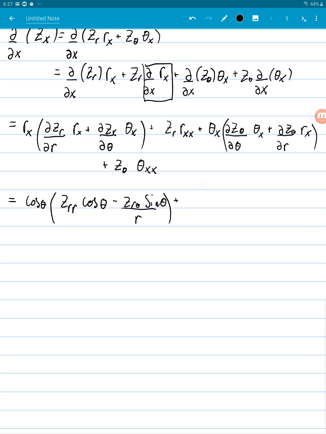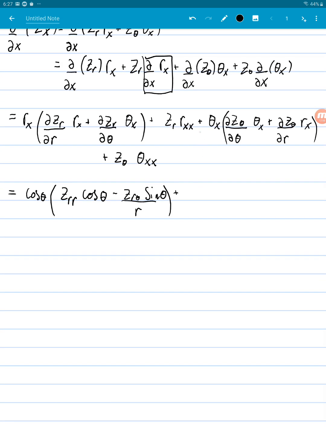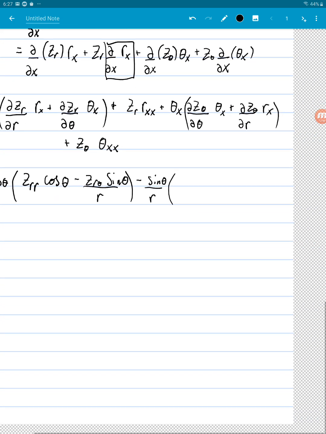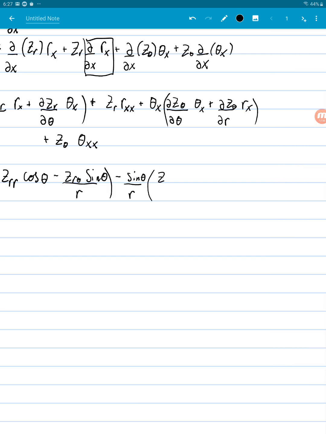Plus, I'm going to change around the order of things a little bit. I'll keep these two rxx and theta xx terms. I'll add them on at the end. So then we have our theta x times the next bracket. So that's going to be minus sine theta over r times z sub theta theta, times our theta sub x.